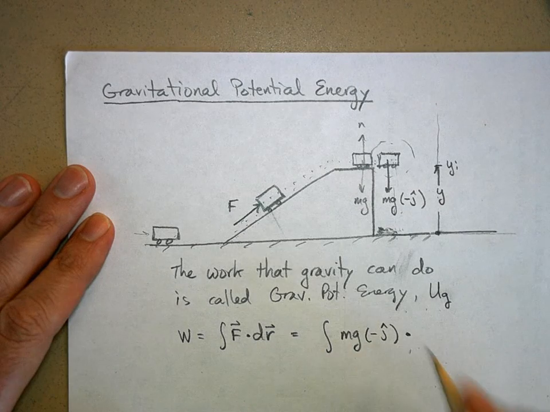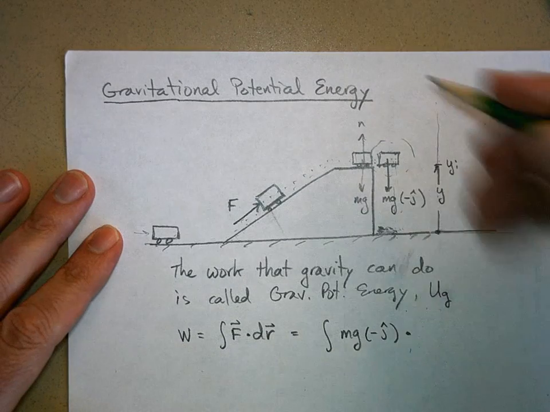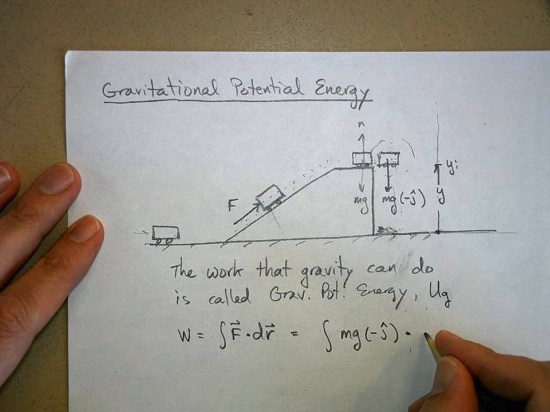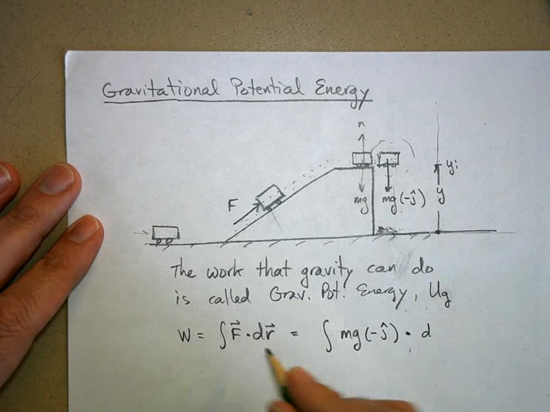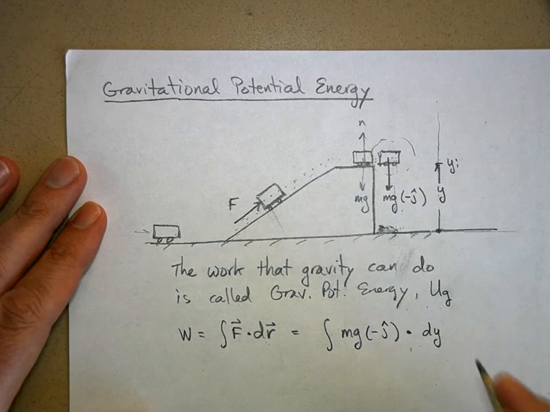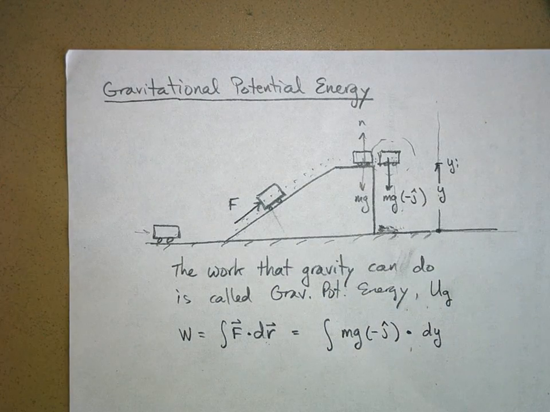Dotted with, now, my motion is going to be in the dy direction. Well, dr can be any displacement, but the displacement is only taking place in the y direction. So I'm going to call it dy. And what direction is dy in? Now, okay, good question. What direction is dy?